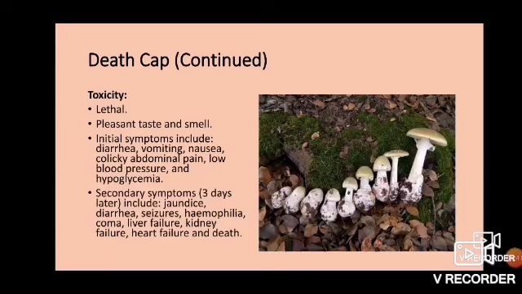Secondary symptoms occur about 3 days later, and they include jaundice, diarrhea, seizures, hemophilia, coma, liver failure, kidney failure, heart failure, and death. So again, there's just so much happening to your body all at once. Really horrible way to go.